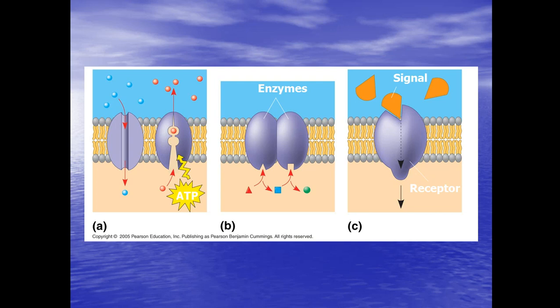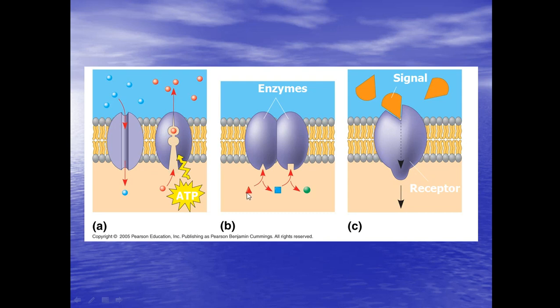First, many of the plasma membrane proteins function as enzymes. What are enzymes? Enzymes are the biocatalysts which are used to enhance the biochemical reaction without undergoing any change in the reaction. Now see, this is the enzyme, this is the protein.